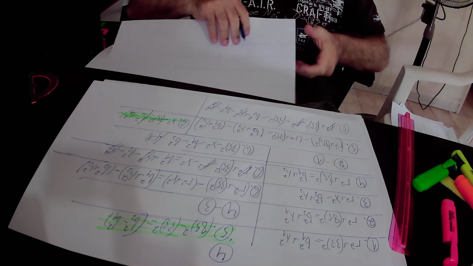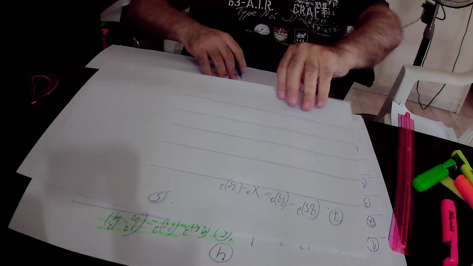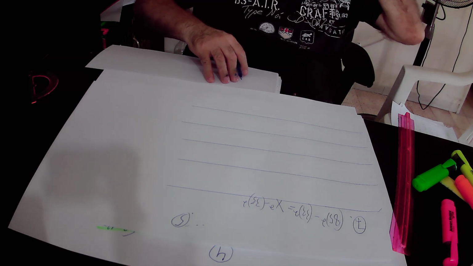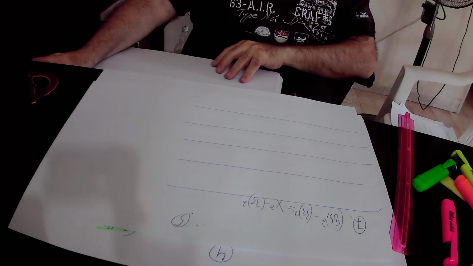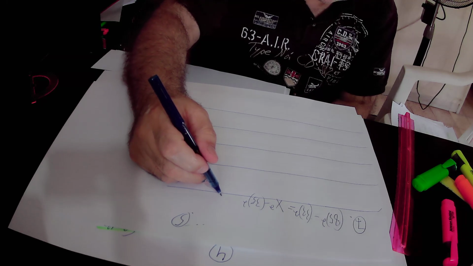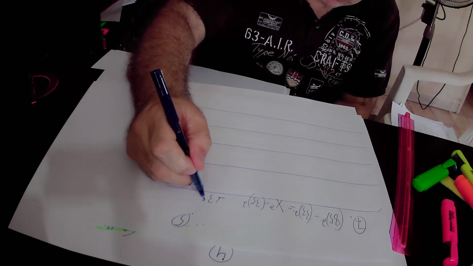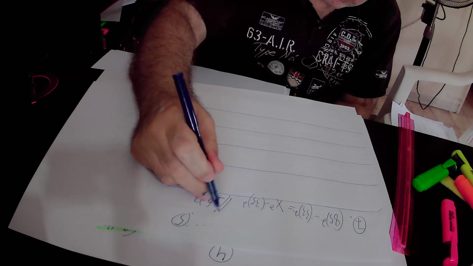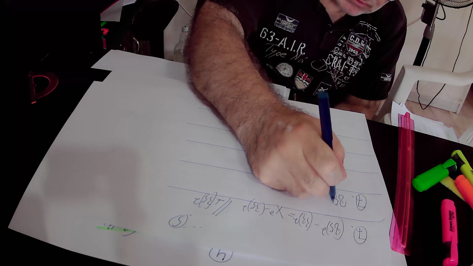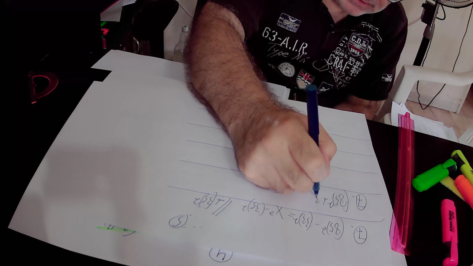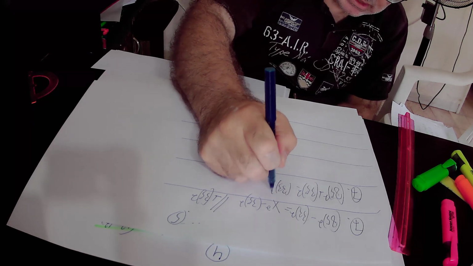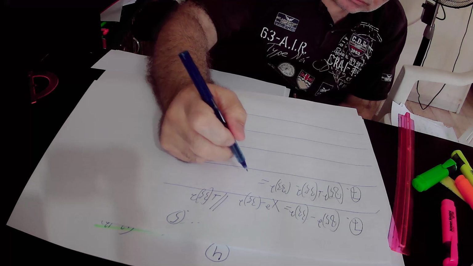So we found out that according to equation number 7, 85 squared minus 33 squared equals x squared minus 35 squared. Here we'll add 35 squared to this equation, and we get 85 squared plus 35 squared minus 33 squared equals x squared.